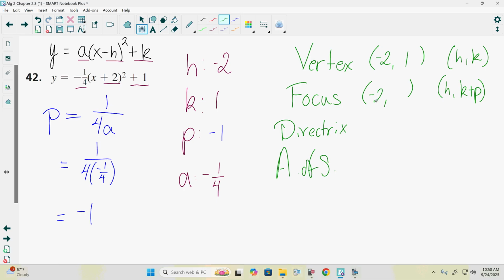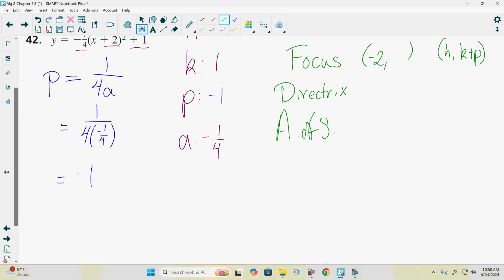H is negative 2. Now we will need to calculate k plus p. Well, we know k is 1 and p is negative 1. So 1 plus negative 1 is 0. So we plug it in for the y value of the focus. We have negative 2, comma, 0.